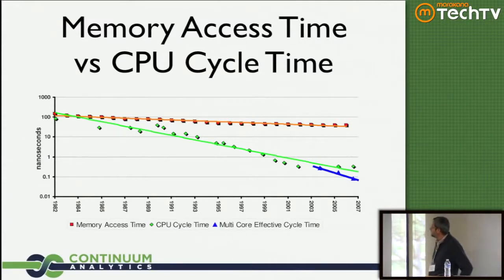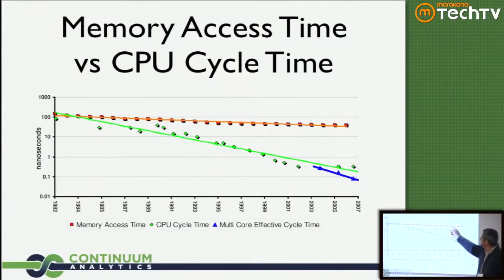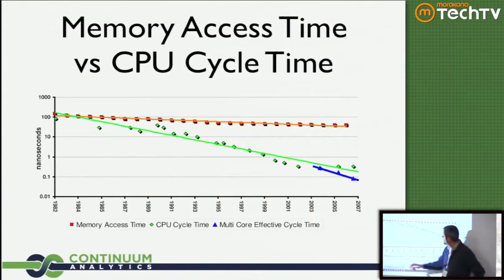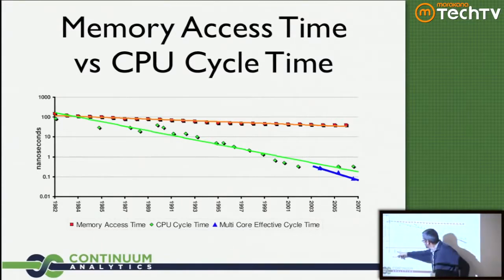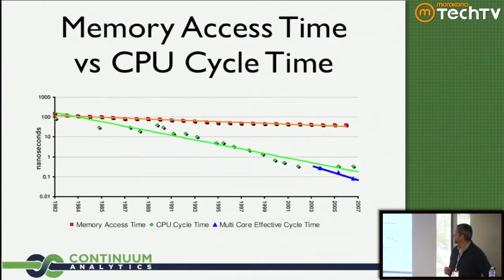So this is a graph of how the speed of memory, in red, has been evolving through time in nanoseconds, from 1992 till 2007. And in green, we see how the CPU speed has been evolving.